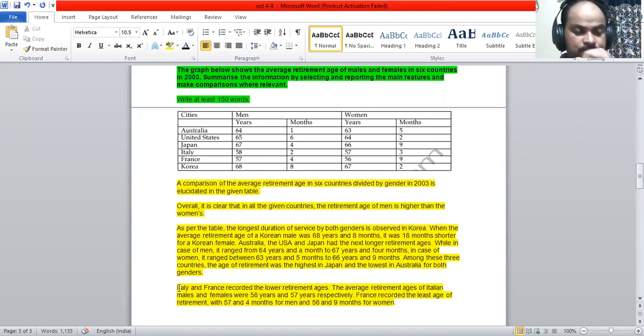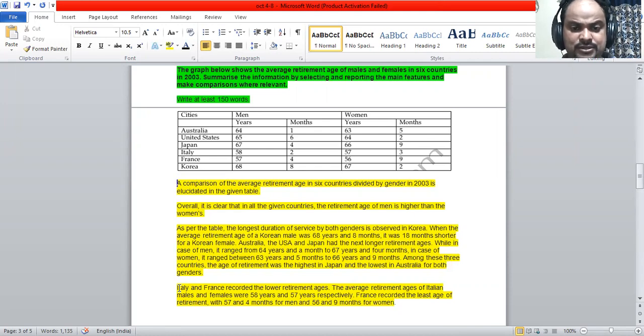A comparison of the average retirement age in 6 countries divided by gender. Yes, of course, it's shown in the question. In 6 countries: Australia, United States, Japan, Italy, France, and Korea.